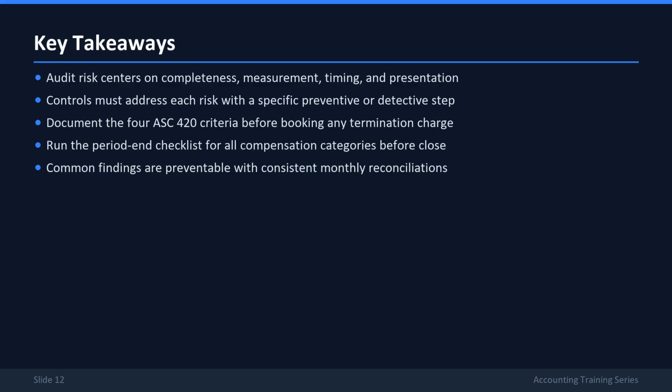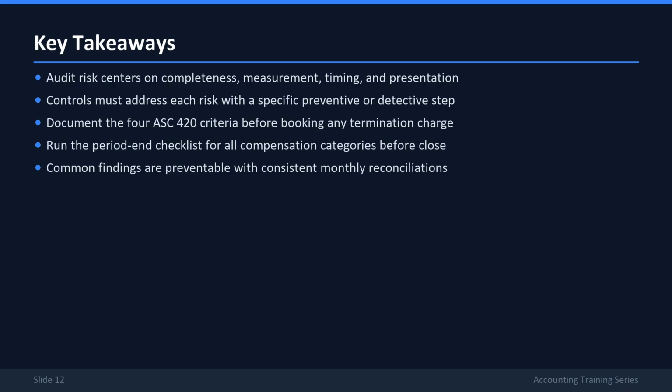Let us review the key takeaways from this final section. Audit risk for ASC 710 liabilities centers on four areas: completeness, measurement accuracy, recognition timing, and balance sheet presentation. Controls must specifically address each risk. No restructuring charge should ever be recorded before the four ASC 420 criteria are fully documented.